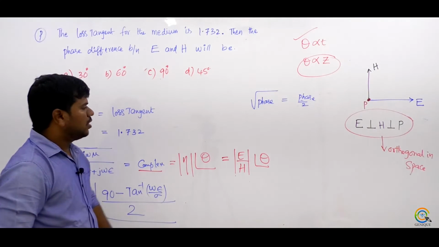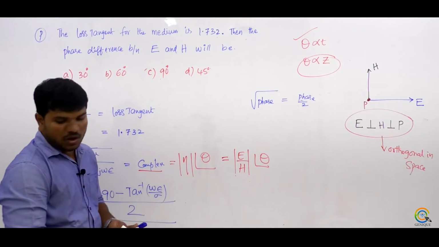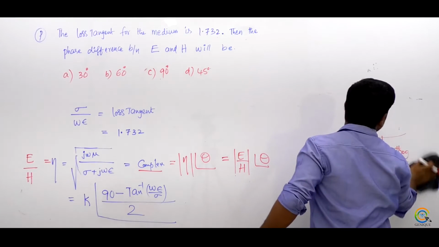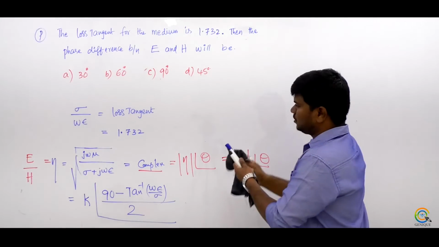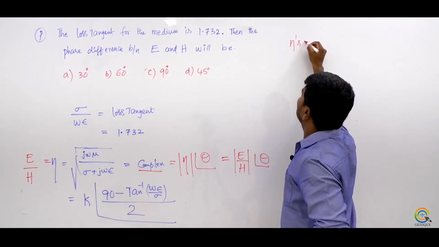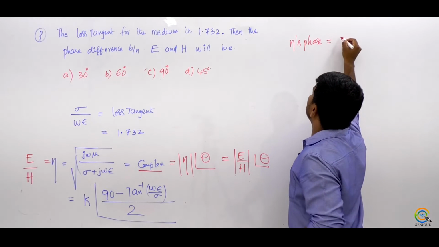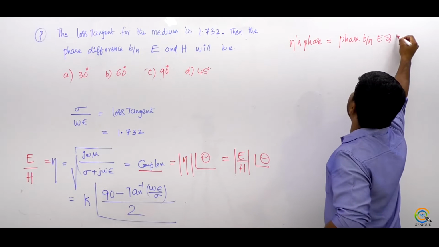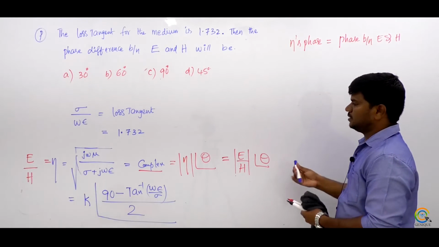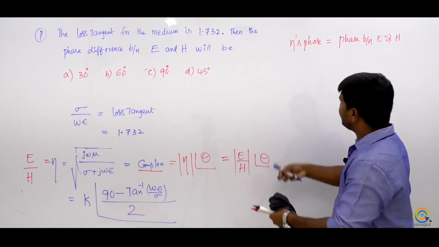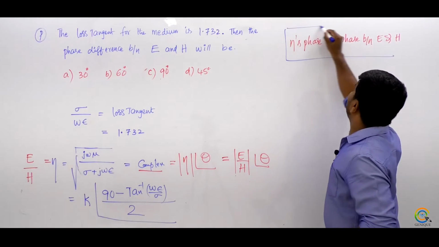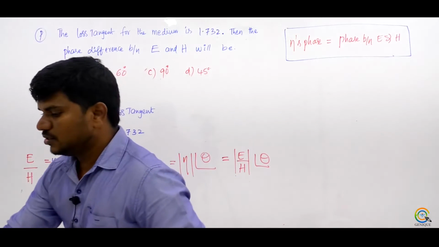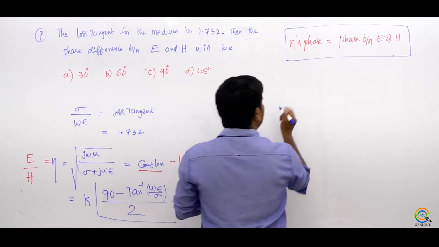So now we can conclude that eta's phase is equal to the phase between E and H. You should remember this forever. Eta's phase is equal to the phase between E and H. So from this, what is the phase difference between E and H?